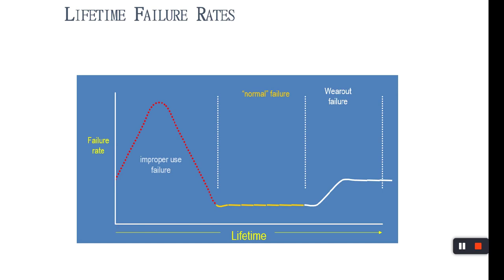And if there are any failures to the machineries and equipment, that is because of improper use. And then in the middle part of their lifetime, we have the normal failures because they are getting older. And then at the last part of their lifetime, the failures are brought about by wear out. Okay, because they are being used every day, so you could expect them to experience wear and tear.